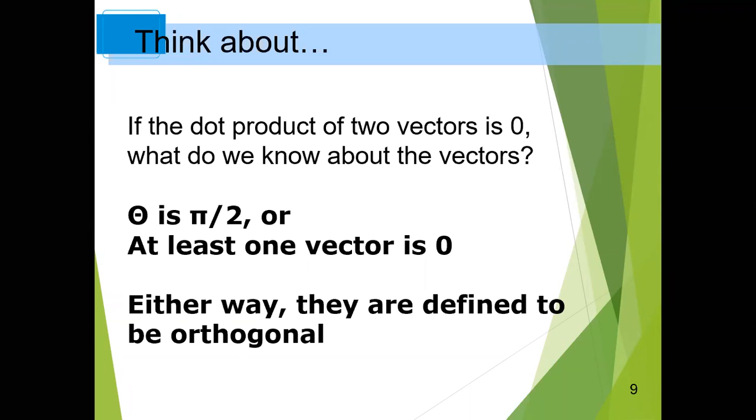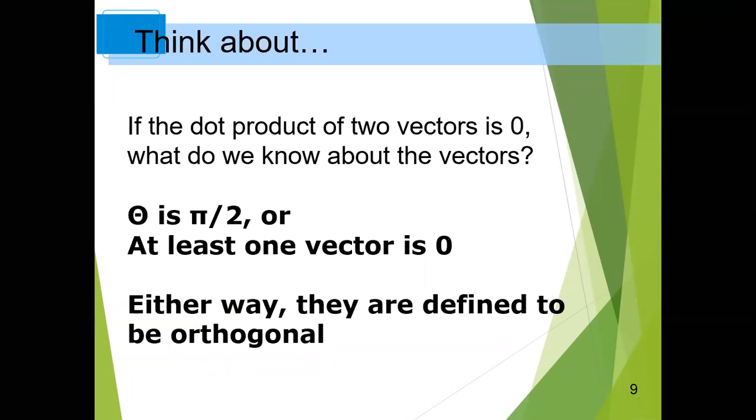It's not just that the vectors are perpendicular. That's one way that the dot product could be 0, but also one of the vectors could be the 0 vector. But if two vectors are non-zero, then their dot product being 0 means that they are perpendicular to one another, yeah? But the term we invented is this funny thing, orthogonal, yeah?